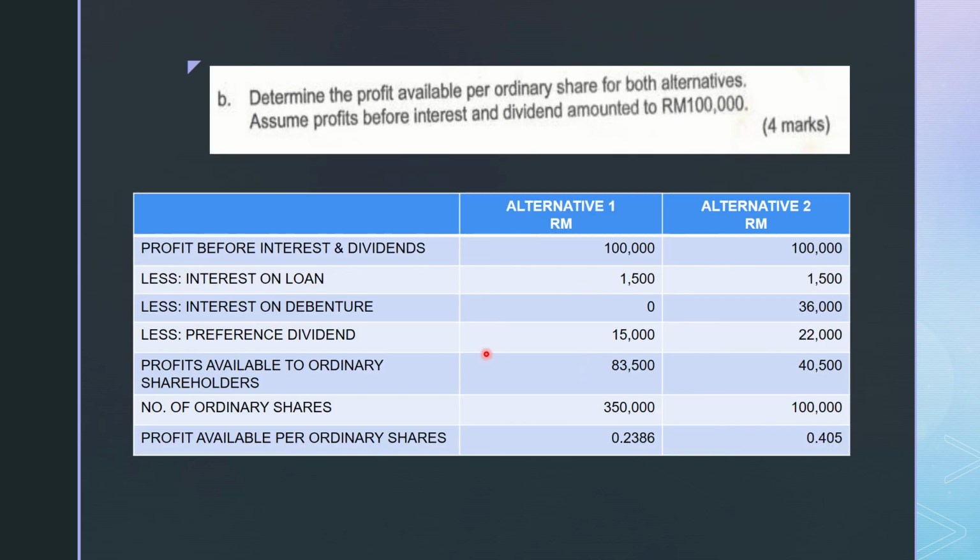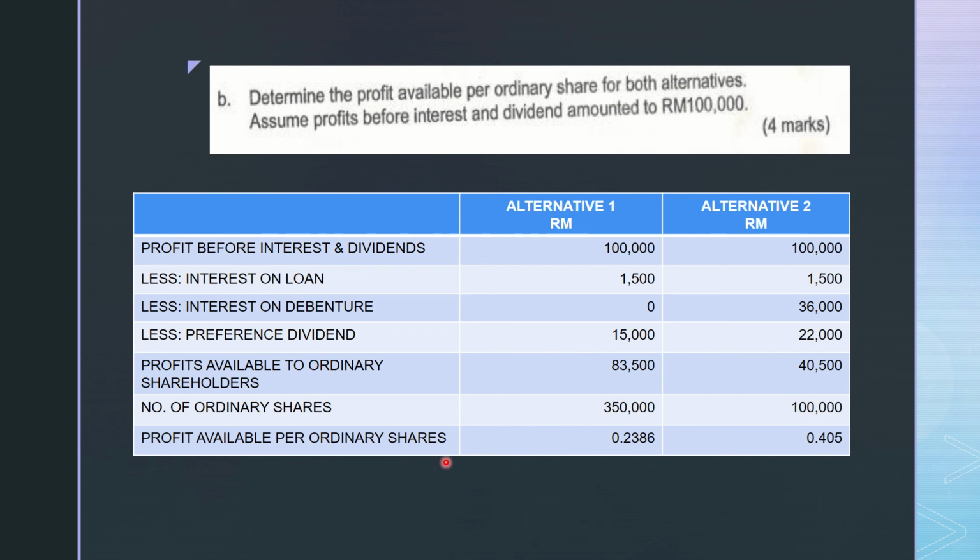Okay, now let's proceed with question B, the number of ordinary shares. Since we are only interested in the profit available to ordinary shareholders, you just need to divide it by the number of ordinary shares. So ordinary shares for alternative 1 is 350,000. For the second alternative it is 100,000.